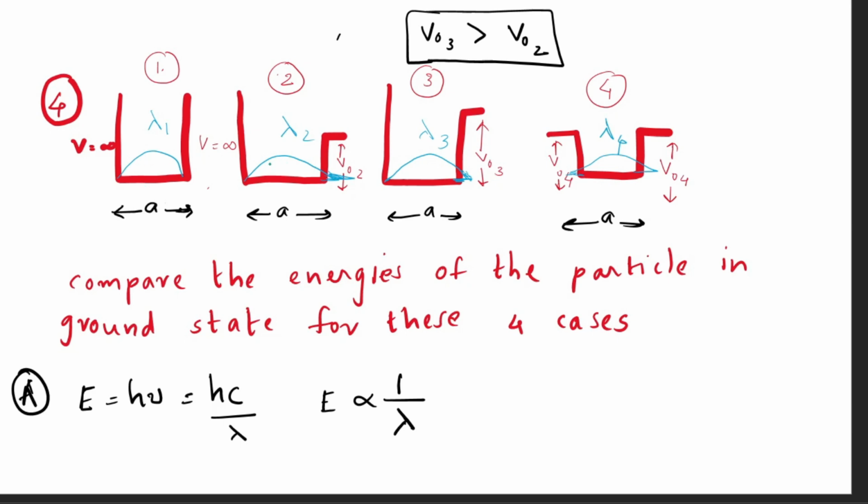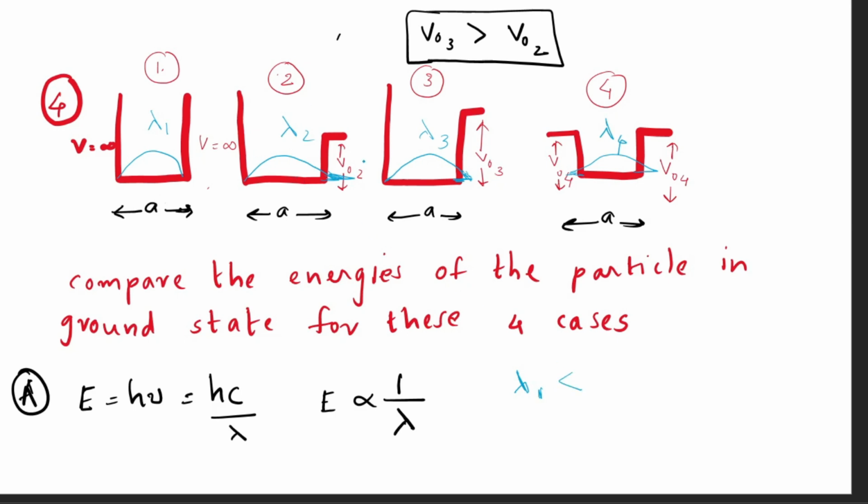Okay, compare these things. First one and second one. Here, the width of the potential box is the same for all four of these cases. So here there will not be any tailing of the wave function into the forbidden region. So the wavelength of the wave function will be the smallest for the first case, lambda 1.